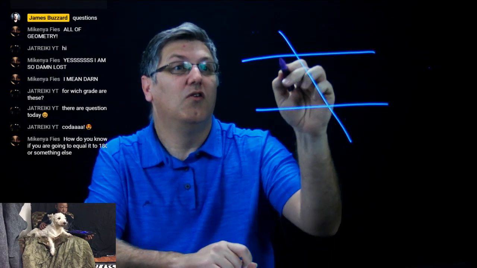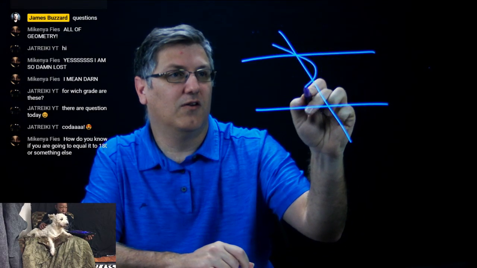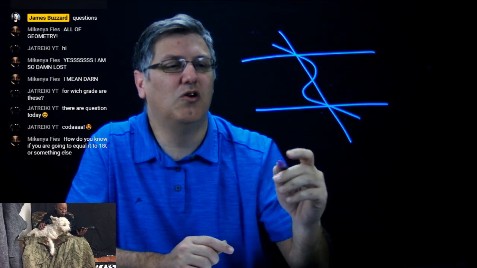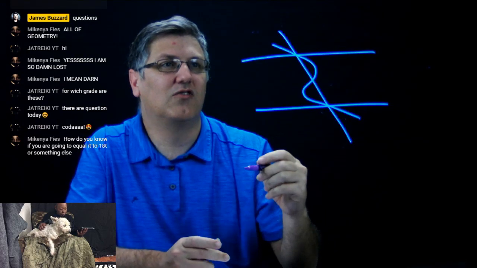So you want to be able to do this little trick here, which makes this little funky Z. If everything is on the same line, or if it's not on the same line, they equal each other. If one is on the line, one is off the line, then it's supplementary. You could just memorize the names of these.